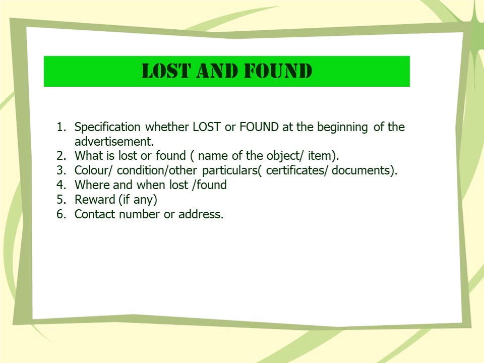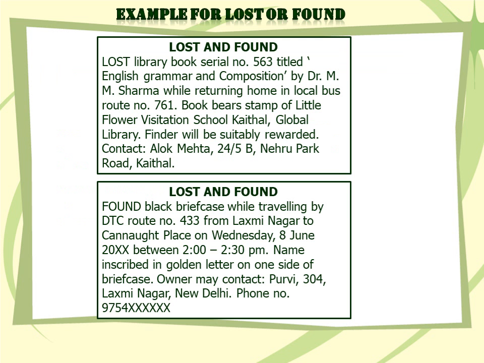Then where it was found, when it was lost or when it was found, these all details have to be given in the advertisement. Reward, if any, and then the contact number or address can be clearly mentioned. Here we are having an example for lost or found.